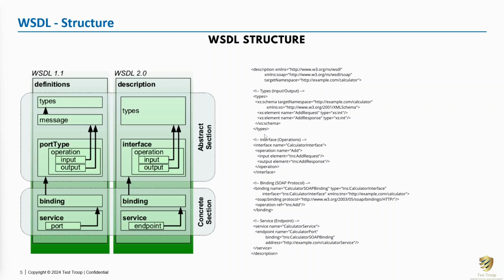So what are the parameters going out in the request and coming in from the response? These are all defined in the types section. This is how the WSDL is structured. Hope you understood how to decode a WSDL document.